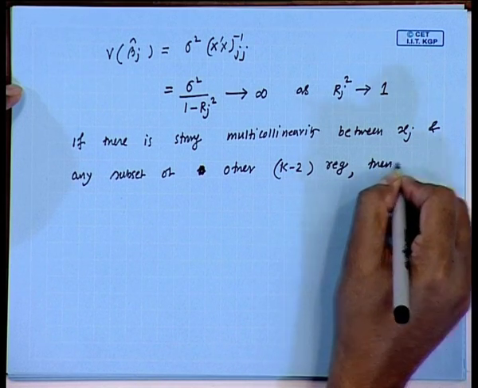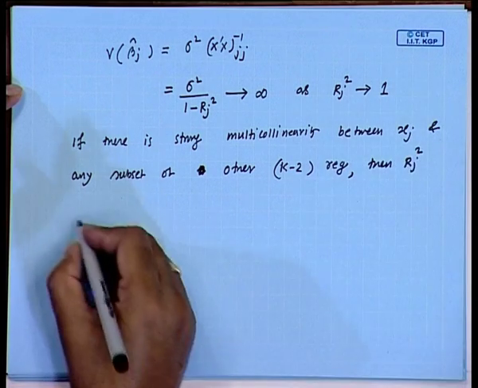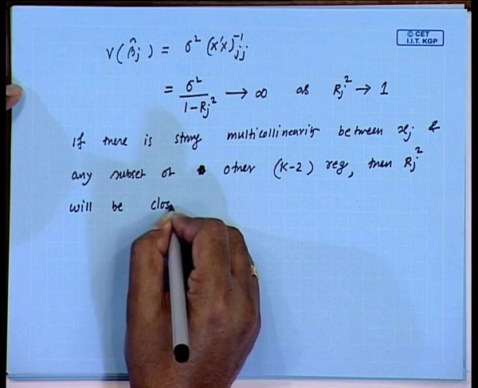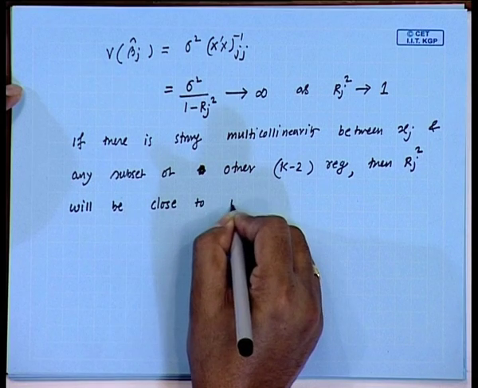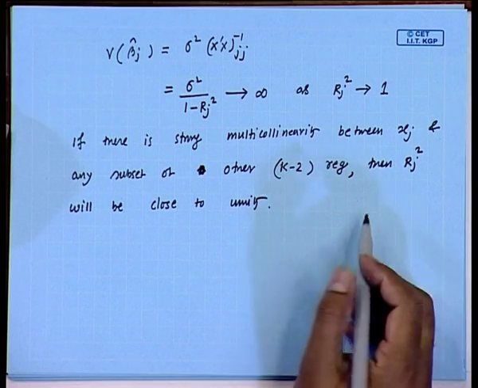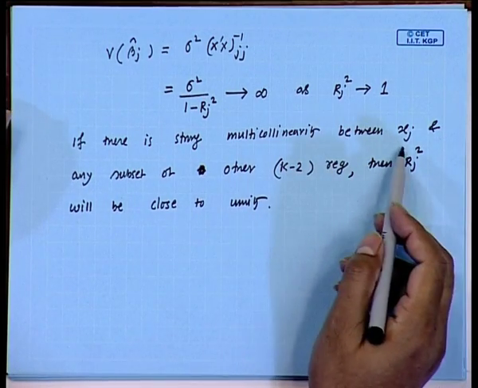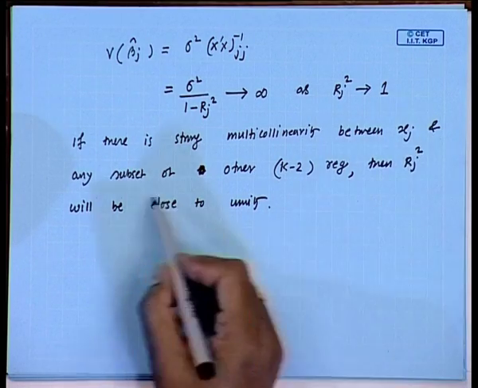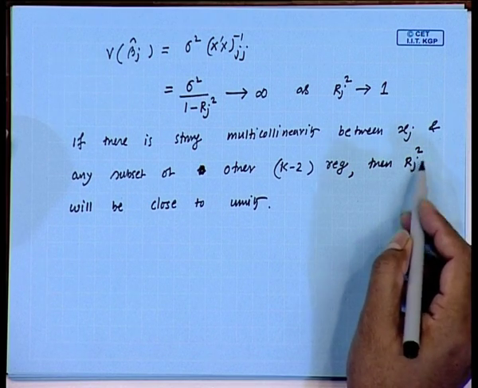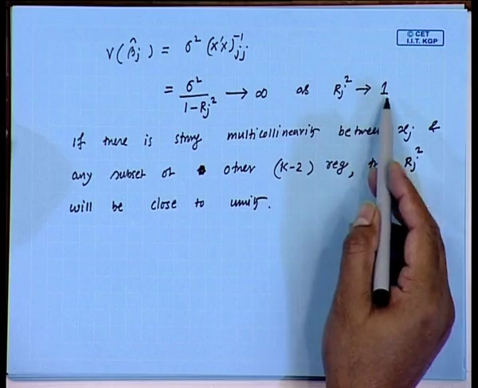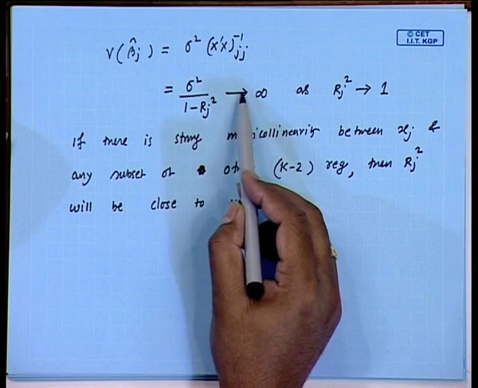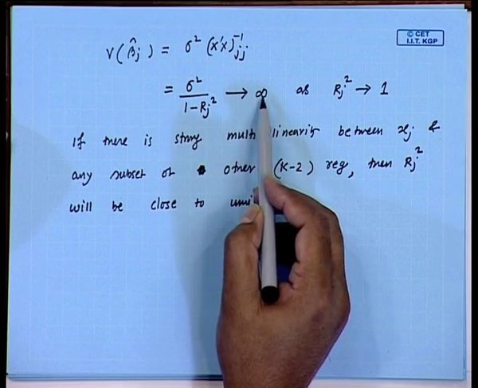Then Rj square will be close to unity. So, if there is a strong multicollinearity between the regressor Xj and any subset of the other remaining regressors, then Rj square will be close to unity, and the variance of beta j hat will tend to infinity.